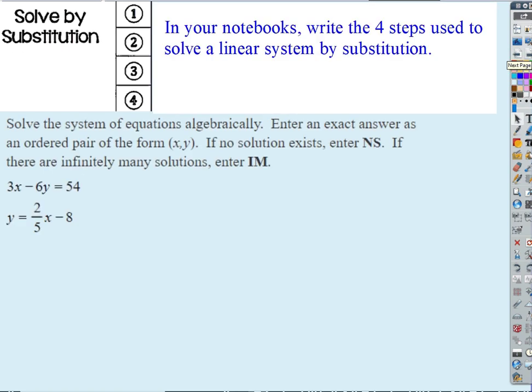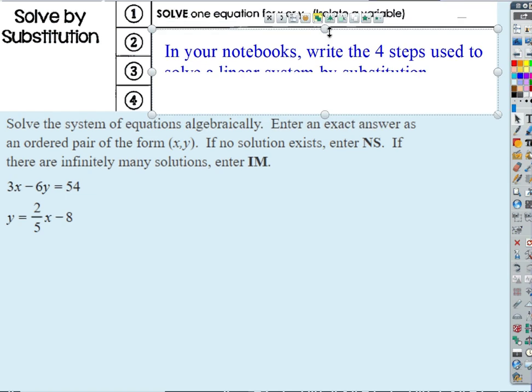What about one like this? We won't put this in our notebooks. We're going to get plenty of practice today. Which one of those equations should I use to create a substitution equation? Bottom one's already done. It's already solved for y, isn't it? So the very first step then is going to be to put a box around the bottom equation.